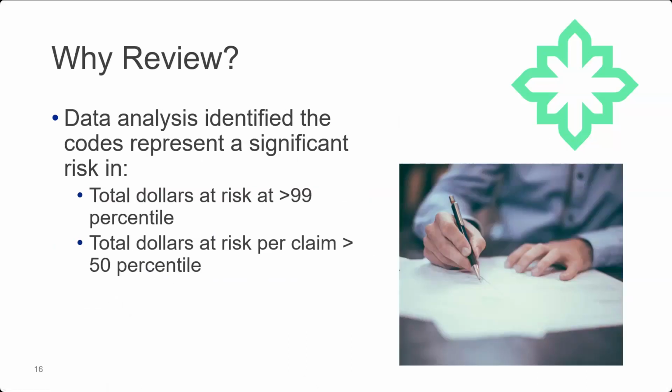So why are we doing the reviews? Well, WPS data analysis actually identified these two procedure codes represent a significant risk in the total dollars at risk at greater than 99 percentile, and the total dollars at risk per claim at greater than the 50th percentile when those were compared to other procedure codes within the jurisdiction. Remember, this is J5A.